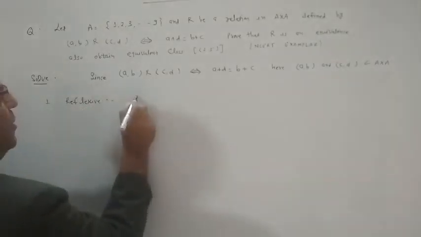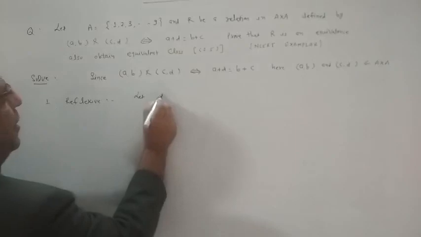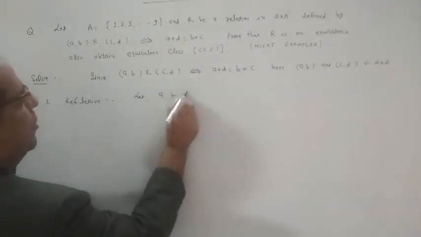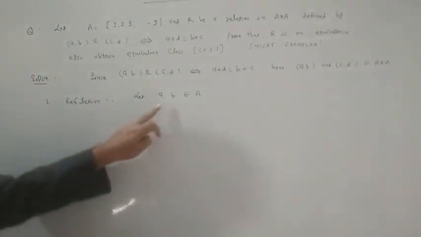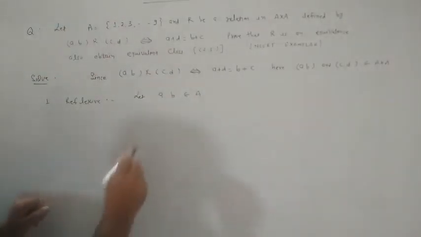Let (a, b) belong to A cross A. We take two elements from the set A.